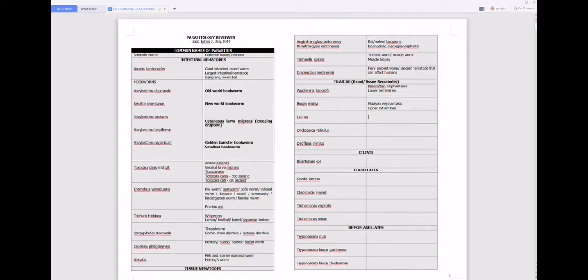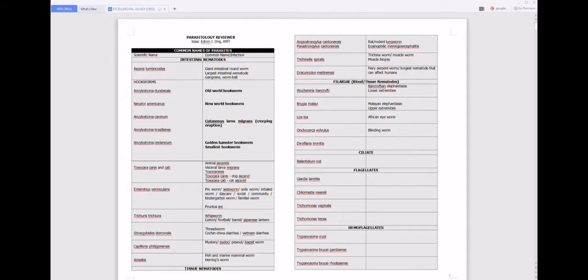So Loa loa is also called as the African eyeworm. So meron ka nang clue on what it affects, di ba? So it can cause ocular problems. Okay? So next is Onchocerca volvulus. So Onchocerca volvulus is also called as the blinding worm. So both sila ng Loa loa is sa eye.